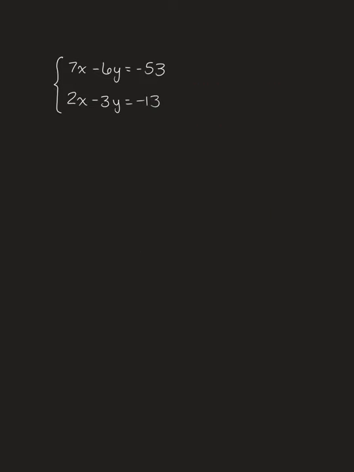So this next one here, we have 7x minus 6y is equal to negative 53, and 2x minus 3y is equal to negative 13. So if you look at your coefficients of your variables, none of them are the same. So we might have to multiply one or both equations by a number to get the same coefficient but opposite sign.